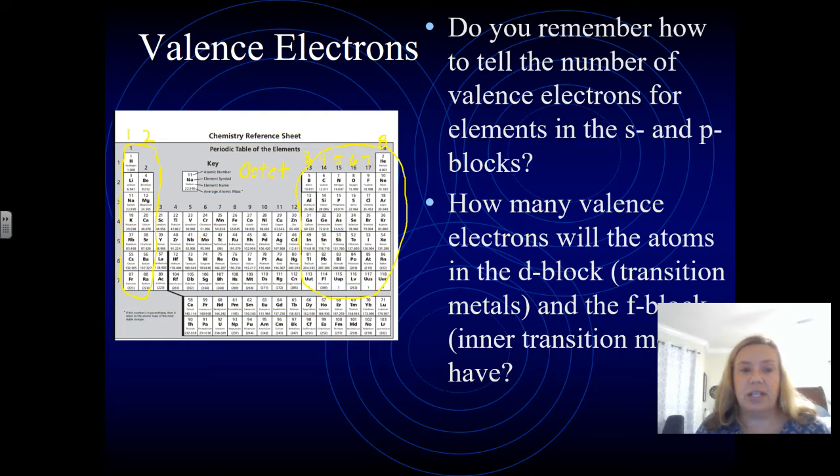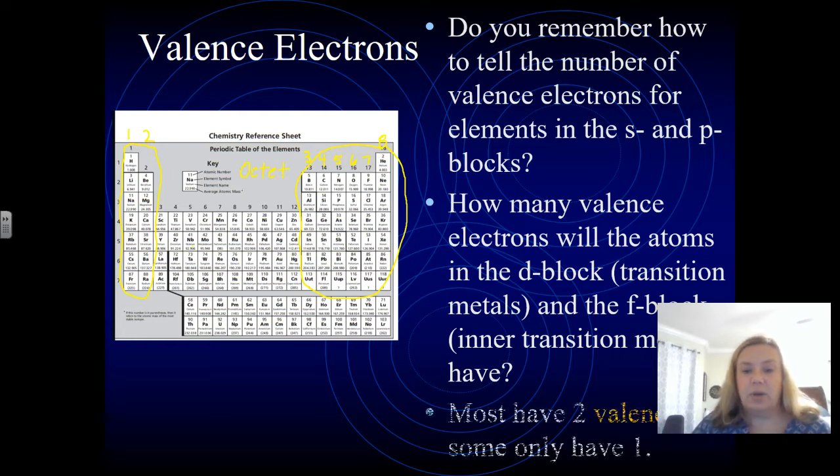However, if you just look at the electron configuration, you are going to find that most of these transition and inner transition metals have 2 valence electrons because, for example, you're going to have 4s2, 3d10. So the 4 would be the outermost energy level with 2 electrons in it. Or you'd have 5s2, 4d10, and then energy level 5 would only have 2 electrons in it.